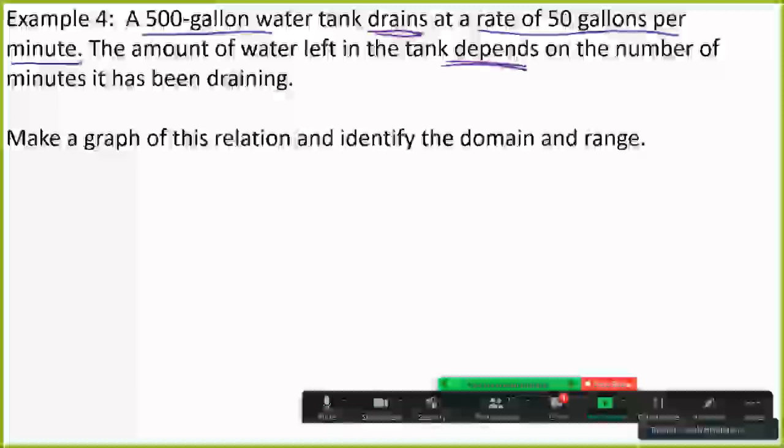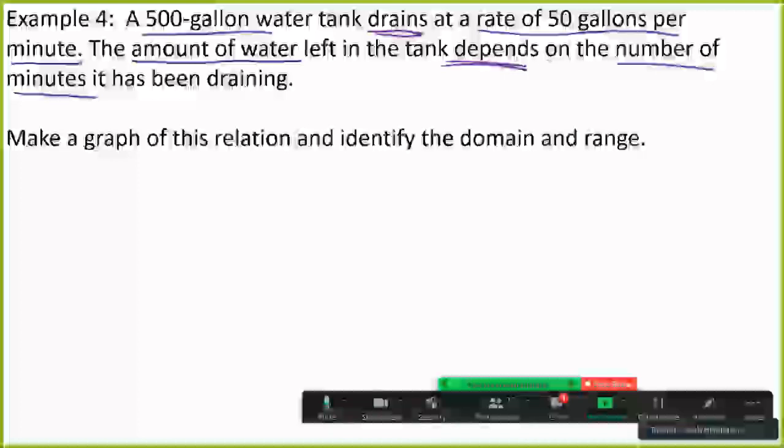Okay, so let's start by figuring out what's independent and dependent. Let's try to make a table, and then we'll use our table to make our graph. They're telling us in the second sentence, amount of water depends on number of minutes. Are those both numbers? They are. Amount of water we're going to measure in gallons, and the number of minutes is obviously numbers as well.